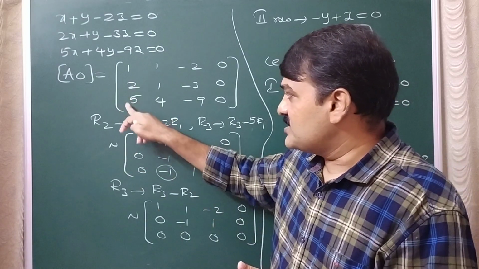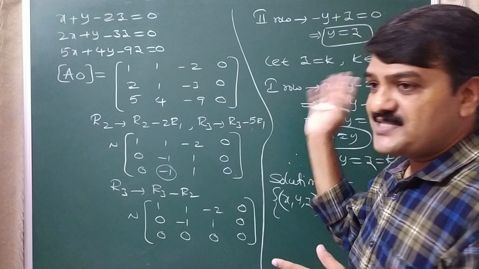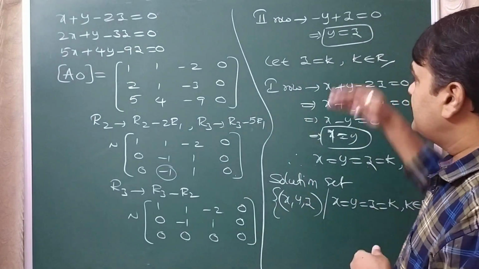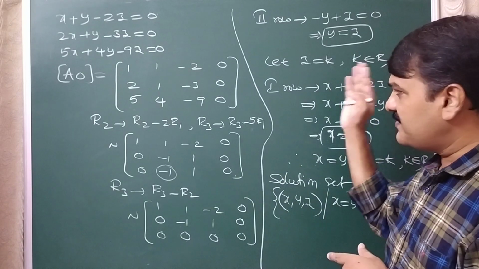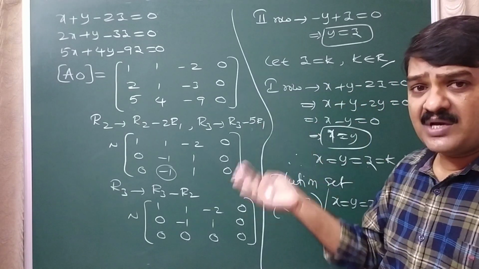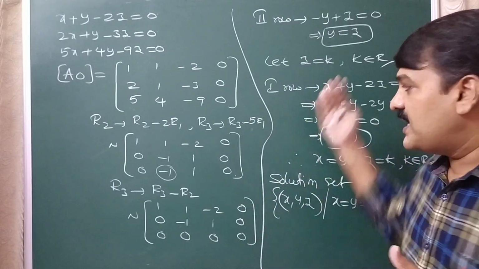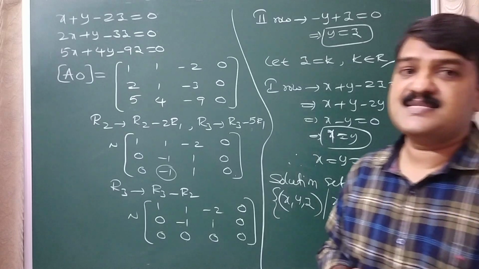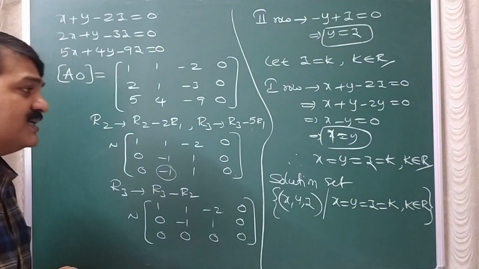Try to get zeros in these three places. After your process is completed, you take the equivalent set of equations in x, y, z. You take some x or y or z as k, and try to get all the solutions in terms of k. So this is the process of solving infinite solutions.